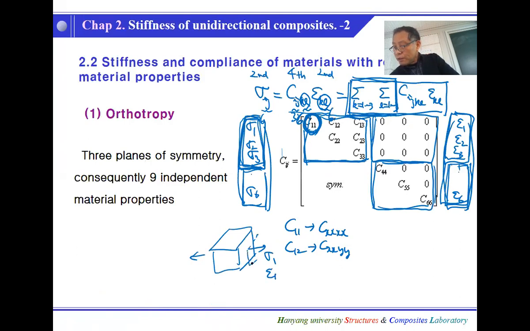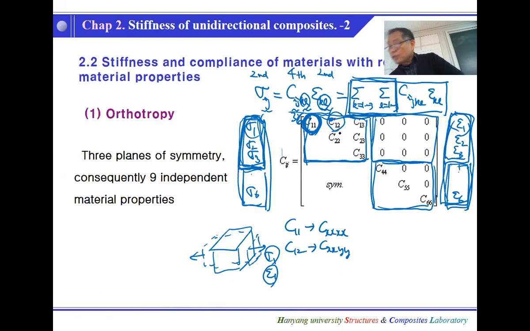So if I draw the deformations, this stress is causing a strain in this direction. There will be some material property relating those terms. That is the term C11. Tension would cause this much strain, or to cause this much strain you need to apply this much stress.